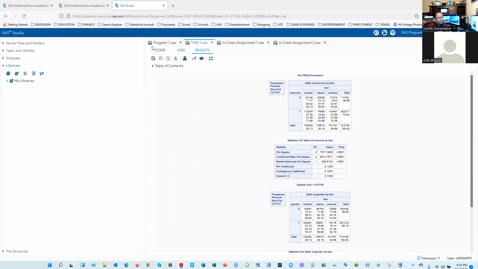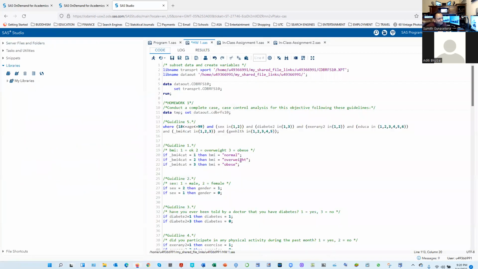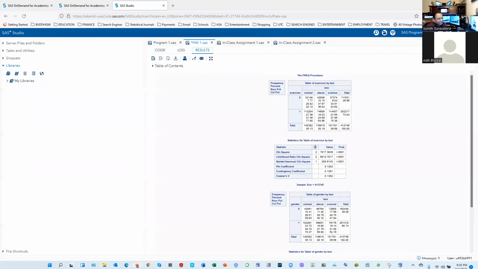Let me see the code. I had to go and see the code. Earlier, one becomes 0, male. Okay, female is just 1. Okay, good. This is female. This is male. This is female. This is male. This is female.